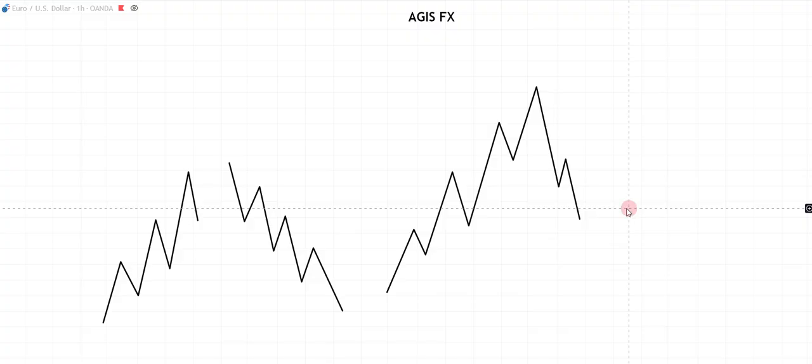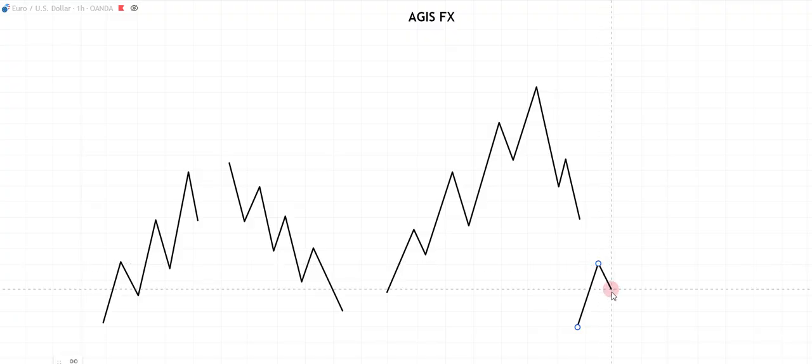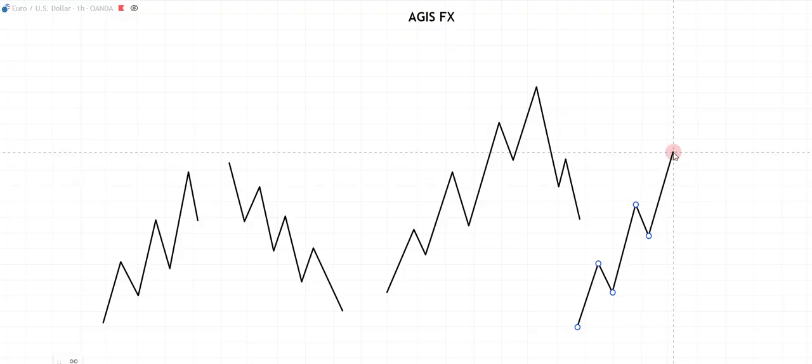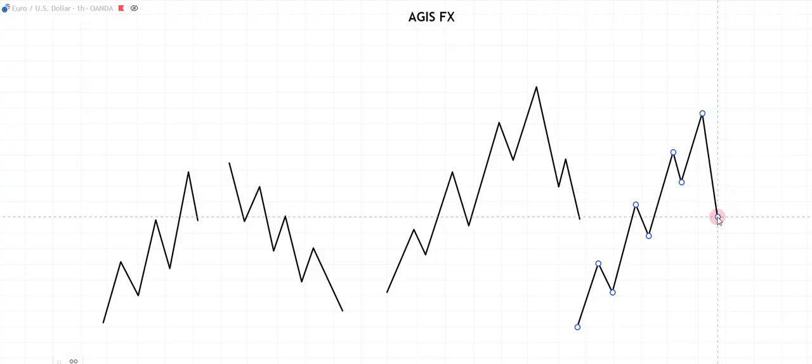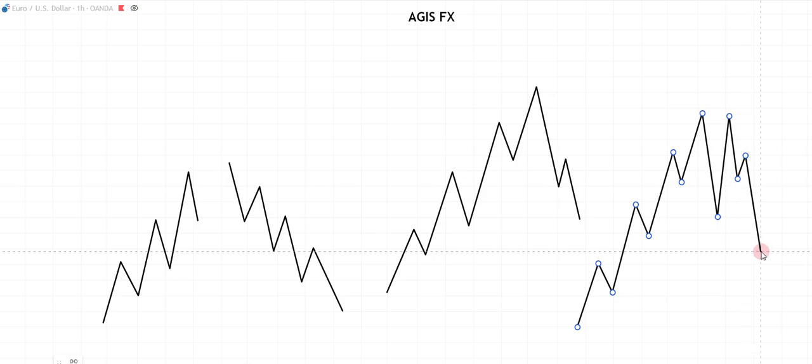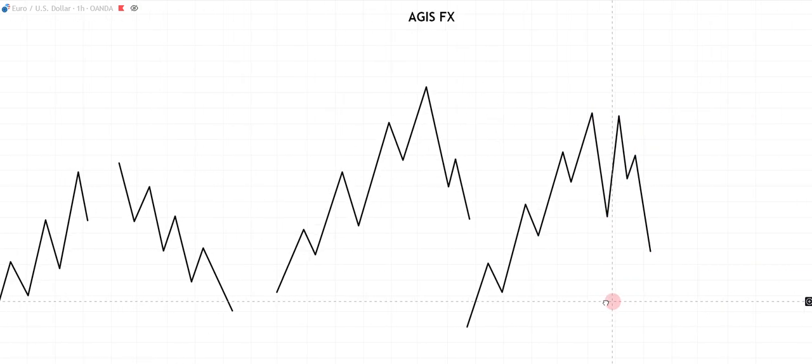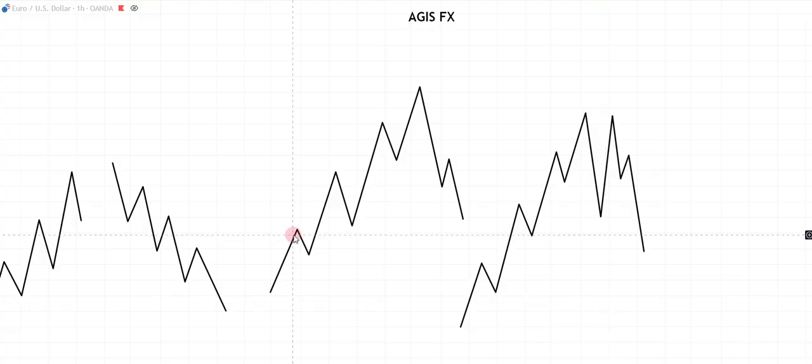All right, now I'll show you another example, which is the same thing. Now I'm going to be going from buys to sells. So this was a buy, price, sell, break of structure. Now this is a higher high, higher low, higher high, higher low, higher high, higher low, higher high.